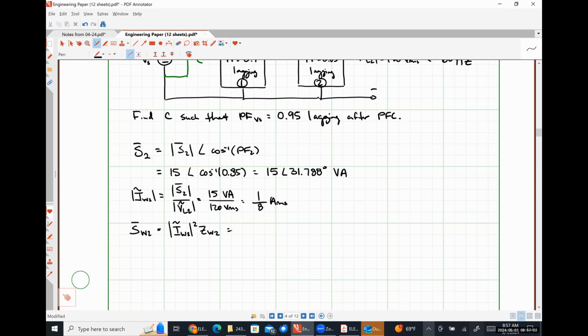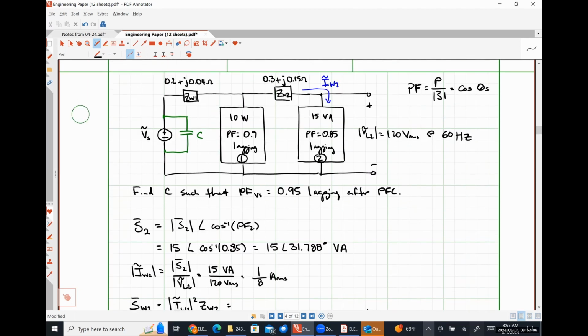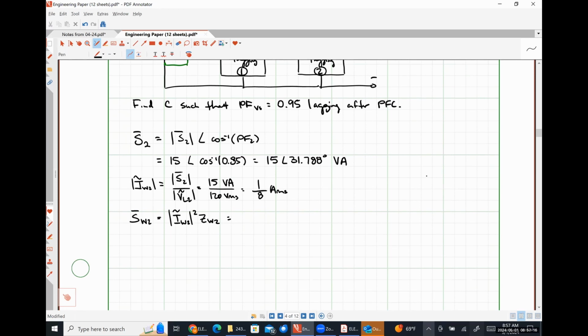So 1/8 squared times 0.3 plus j0.15 comes out to be 5.241 angle 26.565 degrees millivoltamperes, which I'm storing as Y. And I stored this guy as X.